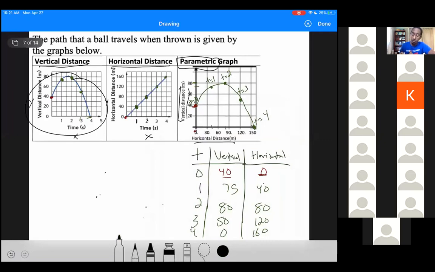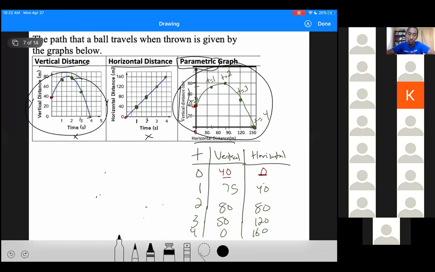So this would be an accurate picture of what the ball looks like. This one would not be, because that's time as your x-axis, right? So this is kind of how you would relate 3 things: horizontal distance, vertical distance, and time. Time being the parameter here. So a parametric graph basically allows you to introduce a parameter, in this case time, versus a regular XY graph.